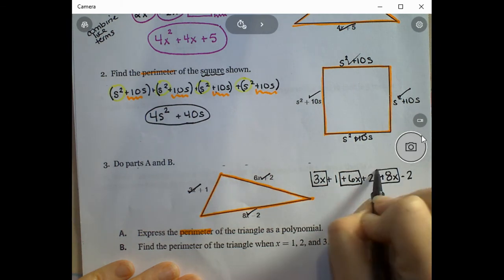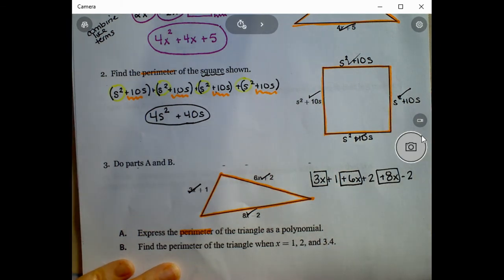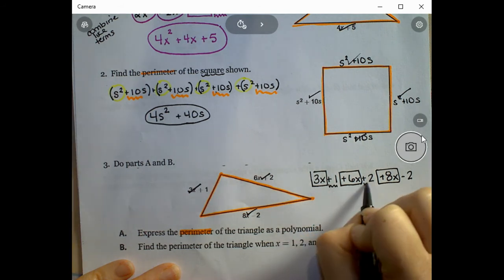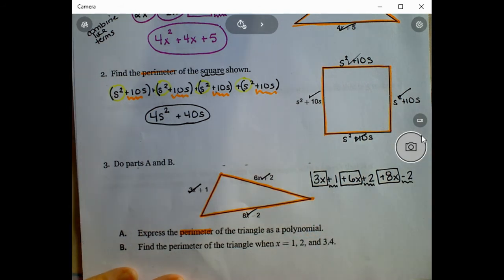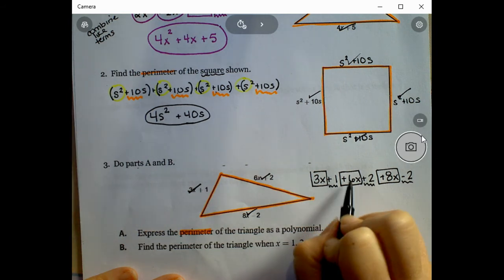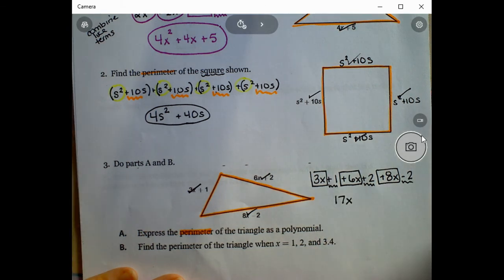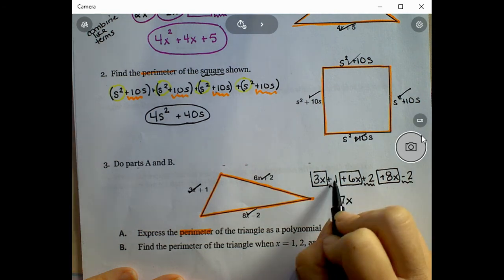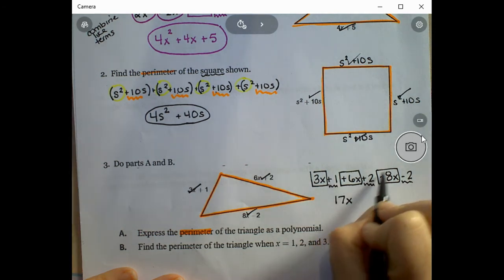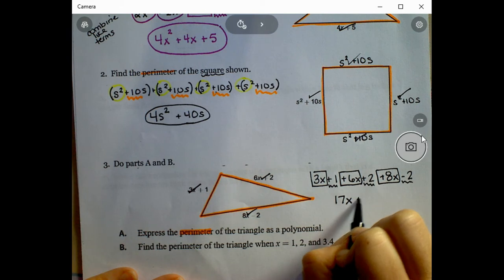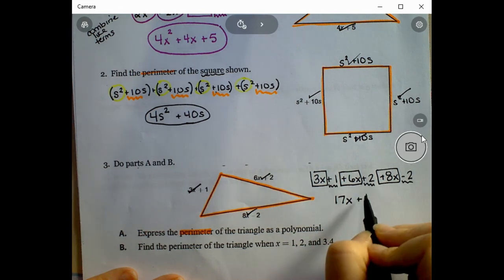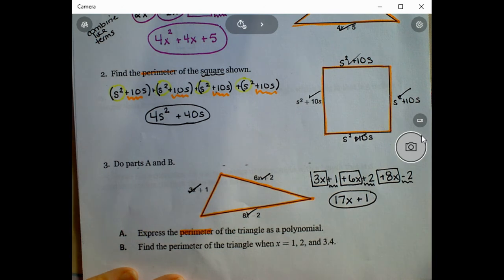Yes. And then we need to find our constants. These all go together. Combining like terms, 3 plus 6 is 9, plus 8. 9 plus 8 is 17x. 1 plus 2 is 3, minus 2 is 1. This expression represents the perimeter of this triangle.